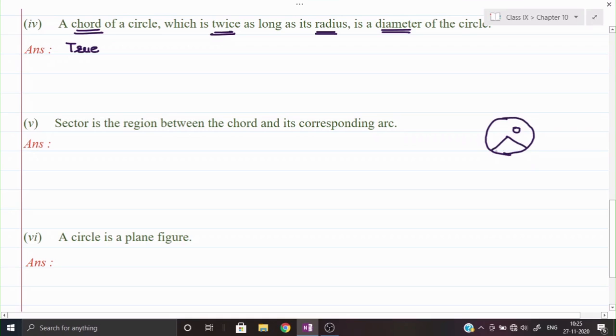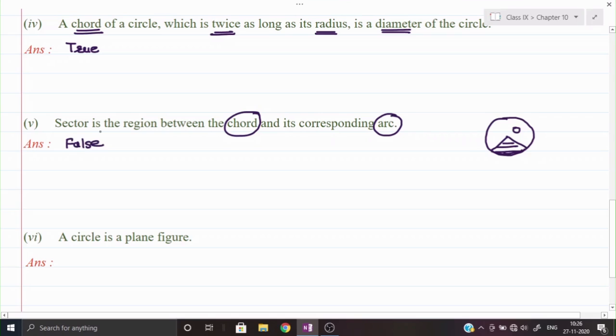The region between two radii and the arc of the circle is called the sector. But what they are giving us, sector is the region between chord and corresponding arc. The region between chord and corresponding arc is a segment, and that is not a sector, so this statement will be false.